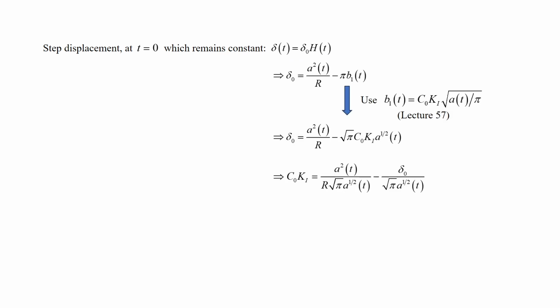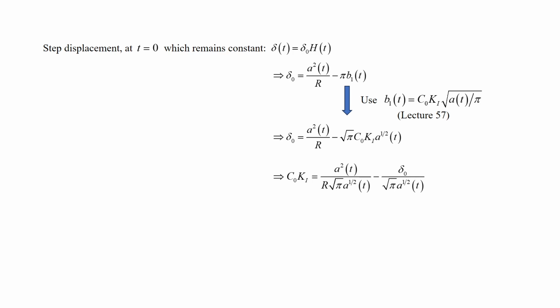Now, delta 0 can be related to A, the contact radius, by this equation: A square by r minus pi into B1, and we derived this equation in the last lecture. Then we also derived this relation that B1 as a function of t goes as C0, the instantaneous compliance, and then Ki, the stress intensity factor, and square root of A over pi.